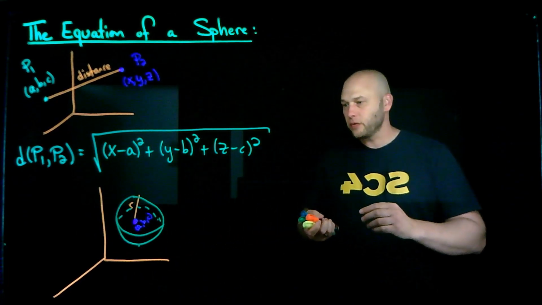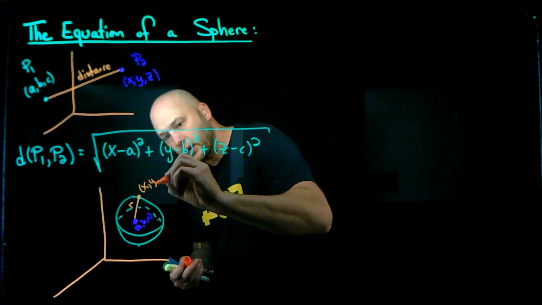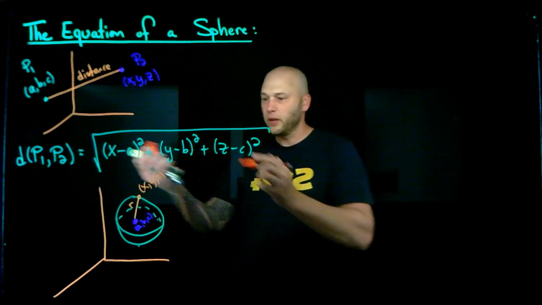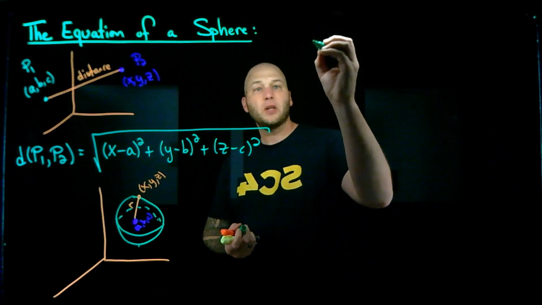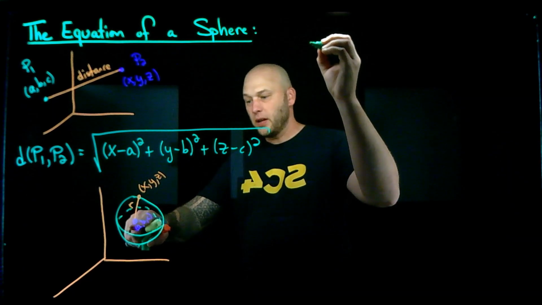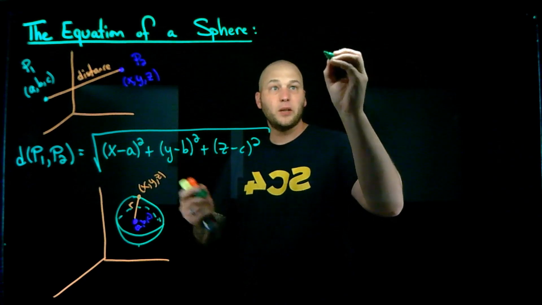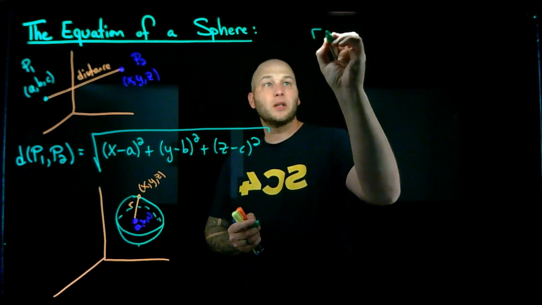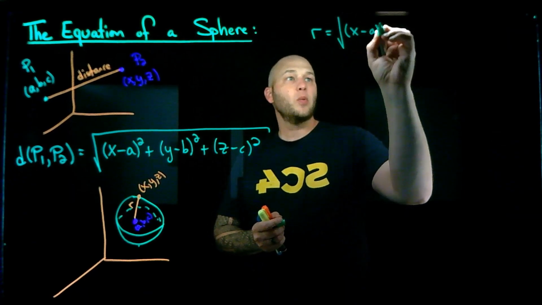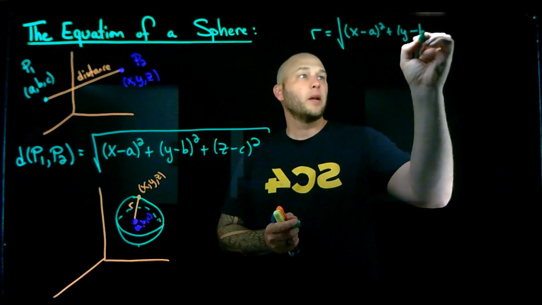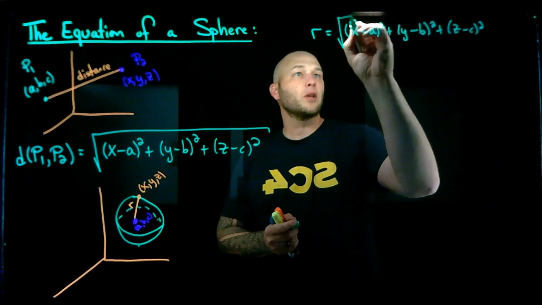Well, the distance from the center to a point on the sphere, and let's label that point as x, y, z, is the same thing as the radius. So the radius is given by the square root of x minus a squared plus y minus b squared plus z minus c squared. Of course, that's all under the square root.